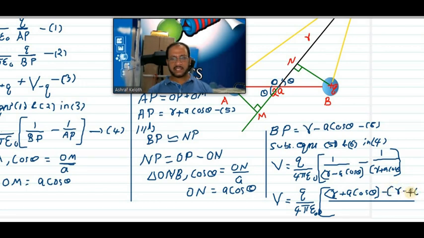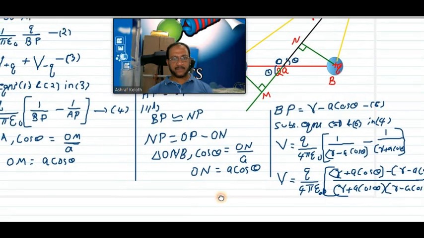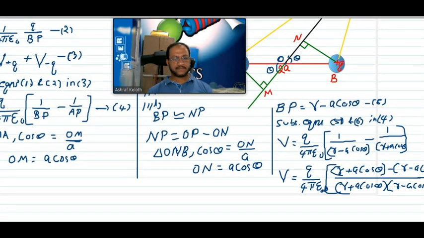This bracket is compulsory because there is a minus sign. And the denominator we take R plus A cos theta into R minus A cos theta.